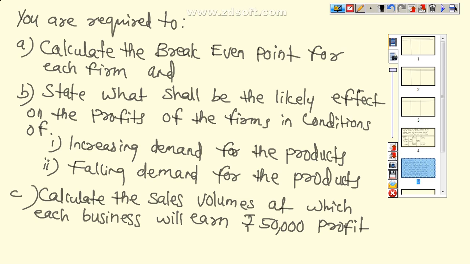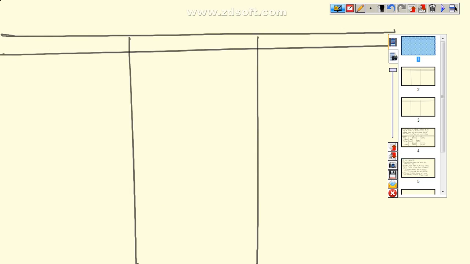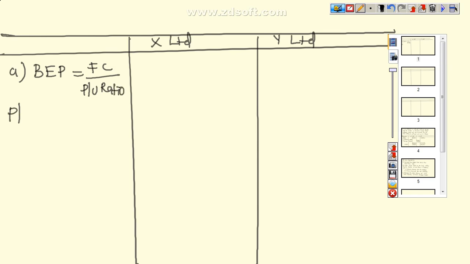First we calculate break even point. So there are two companies, one is X Limited and second one Y Limited. Break even point is equal to fixed cost upon PV ratio. So we have to calculate PV ratio.